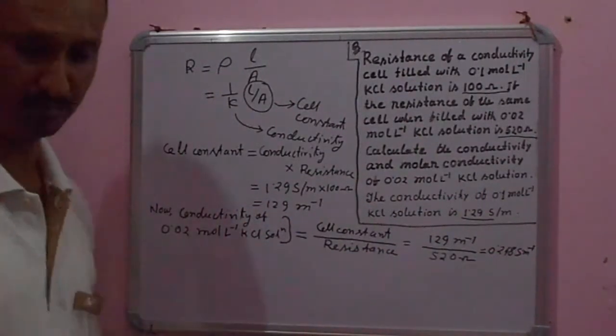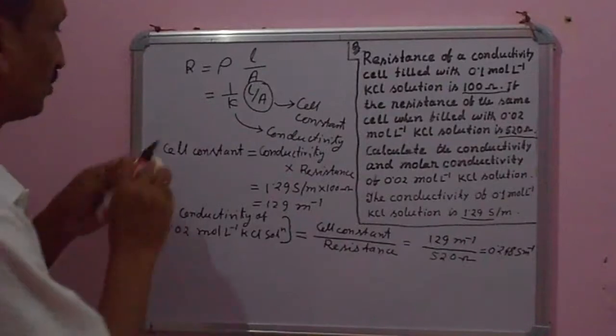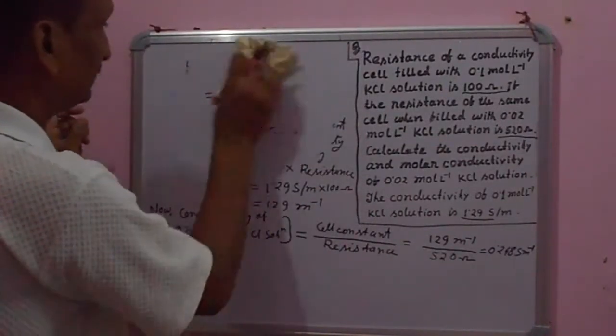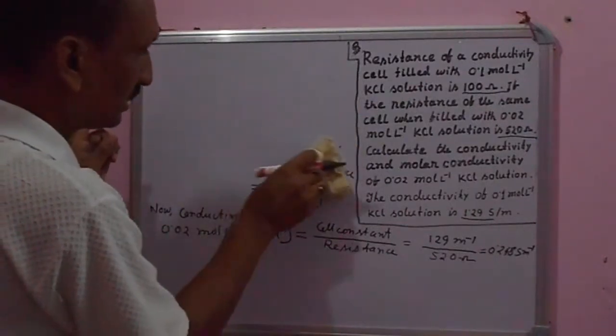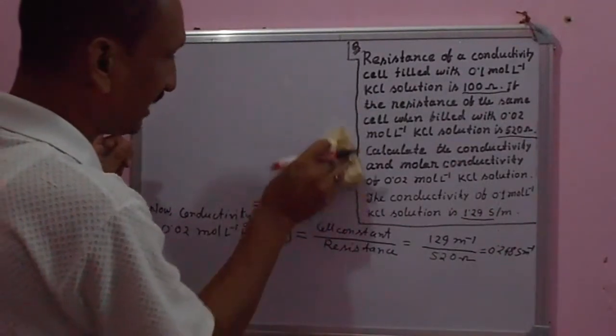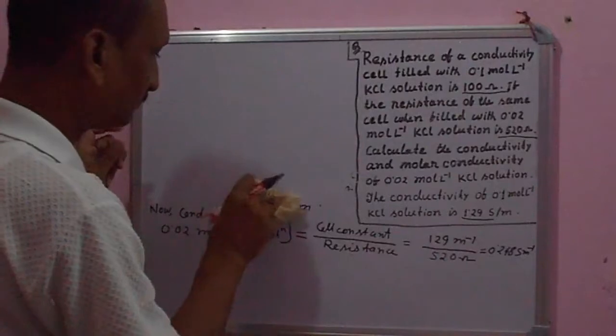Now we have to find out the molar conductivity. So how is molar conductivity determined? That also we already have got the relation: molar conductivity is equal to kappa by C, conductivity divided by its concentration.